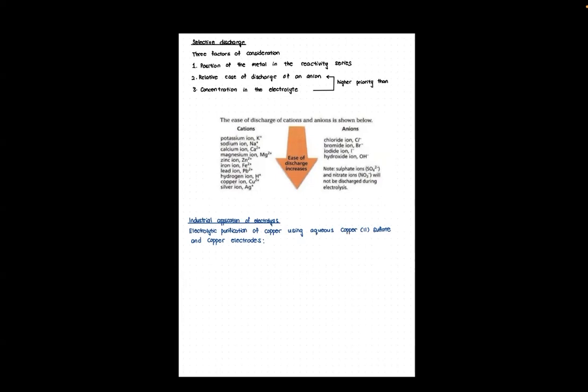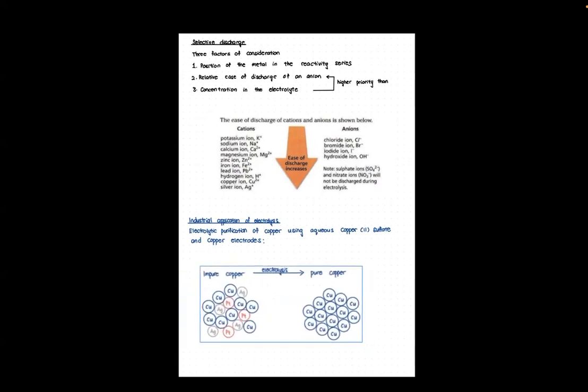What we're trying to do here is derive pure copper from impure copper. So it's going to look something like that. We've got your impure copper.